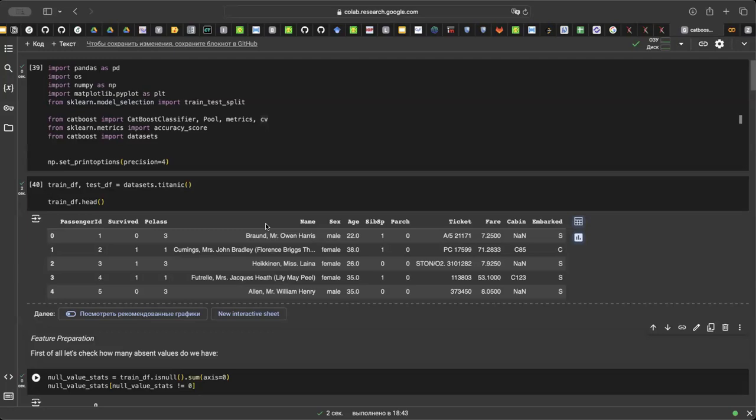And normally you would like to transfer such features somehow for it to be easier to work with. So how could you possibly transform textual features?